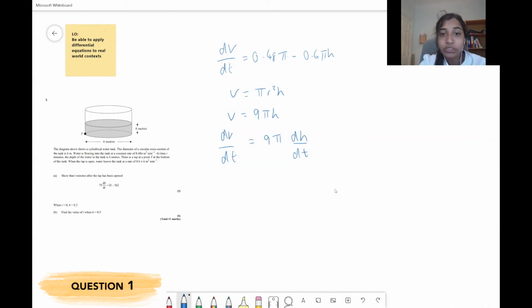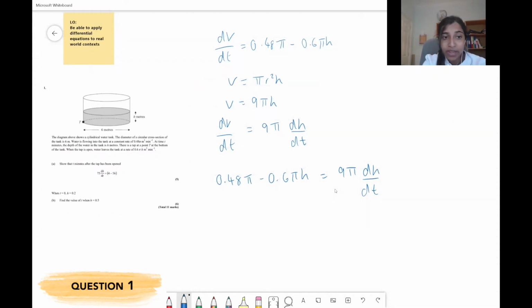Now we've got two expressions for dV/dt, so we can equate them together. You'd get 0.48 pi minus 0.6 pi h is equal to 9 pi times dh/dt. Now we can divide everything by 9 pi.